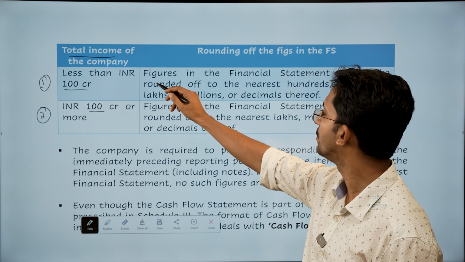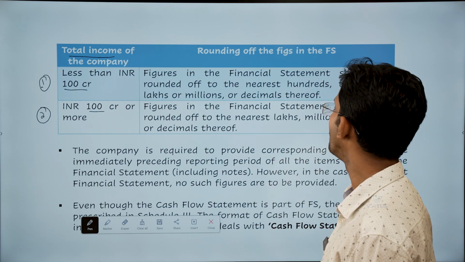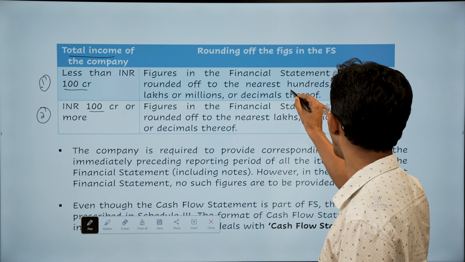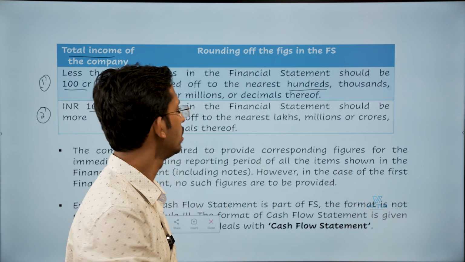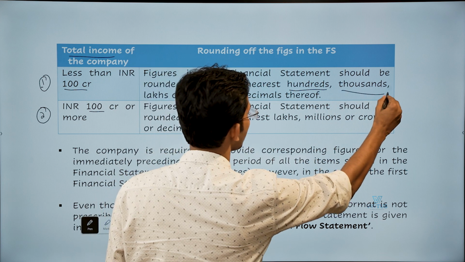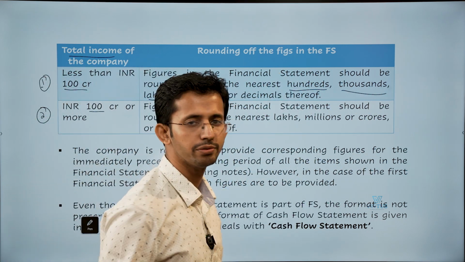Now if you fall in the first category, the figures in the financial statements have to be rounded off to the nearest hundreds. Minimum rounding off is hundreds. Or you can follow thousands, or lakhs, or millions, or decimals thereof.